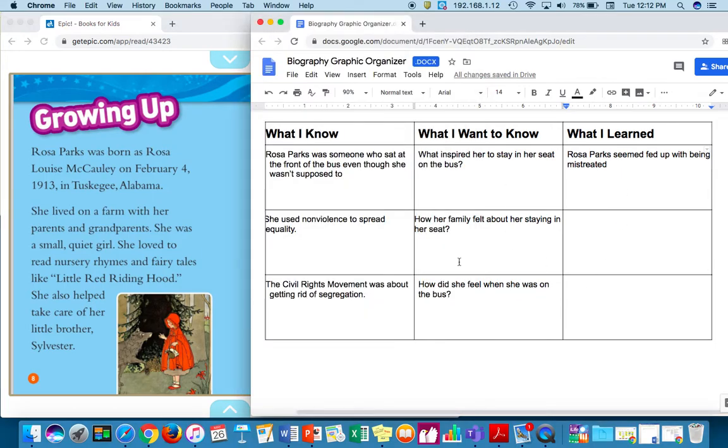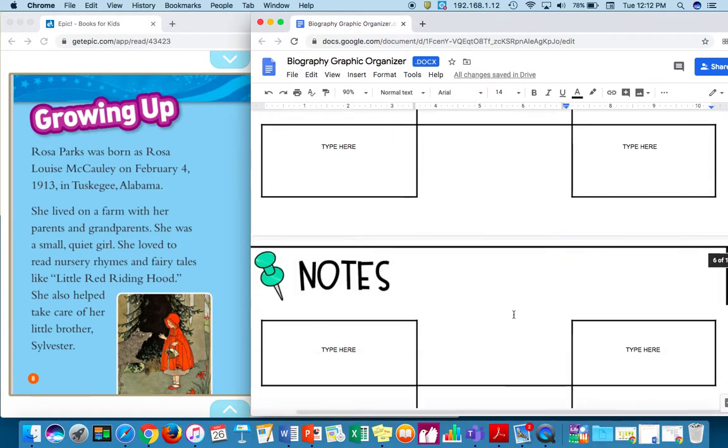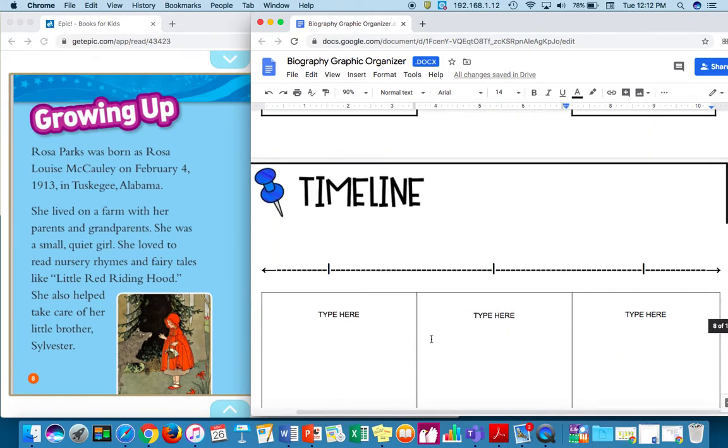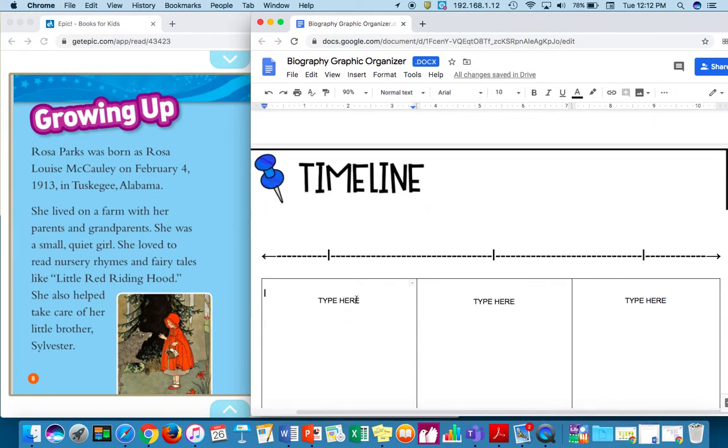So even though right now I'm working on this page, I might want to go down and write that right into my timeline. Into my timeline, I can type right here, born, and I can copy it right from the page. So if maybe I don't know how to spell her last name or I forgot what day she was born, I can go right back to it.